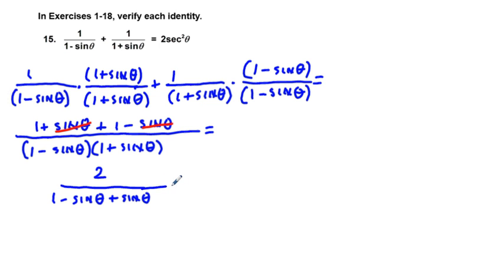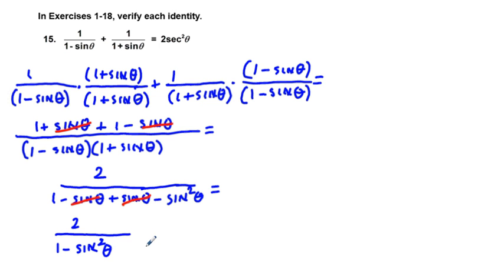And then finally, we're going to have negative sine theta times sine theta. So we have minus sine squared theta. And so negative sine theta plus sine theta cancel to equal 0. And we have left 2 over 1 minus sine squared theta.